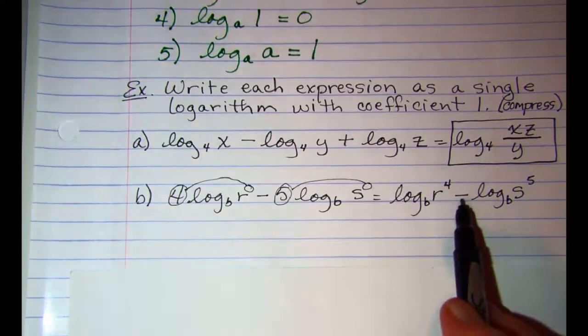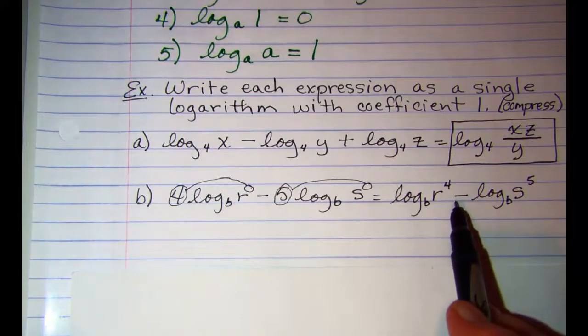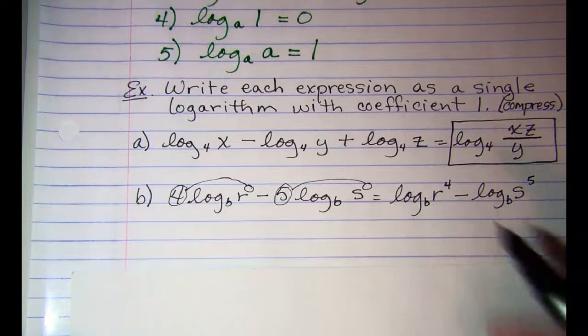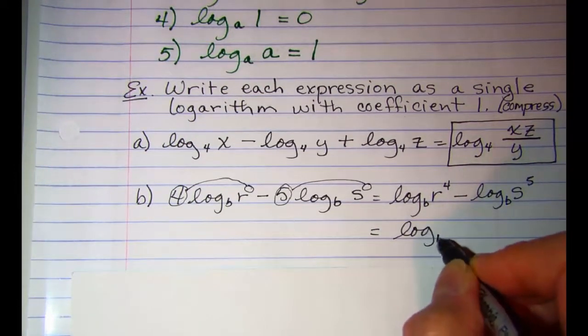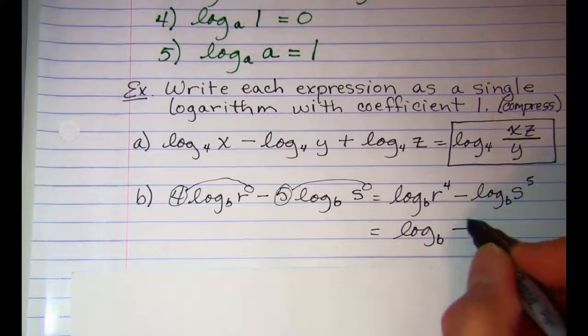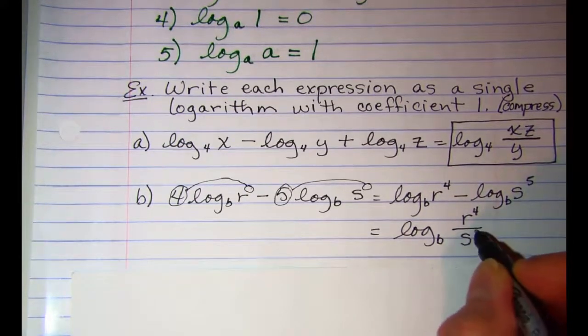Alright, now since this is subtraction, this is property 2, we know that we can divide these arguments. So this is the log, the base of b, of r to the 4th power divided by s to the 5th power.